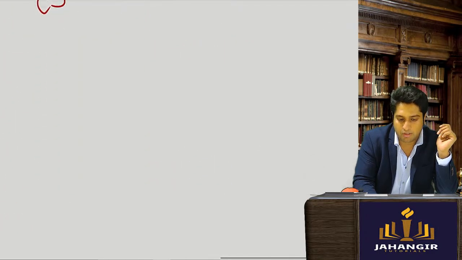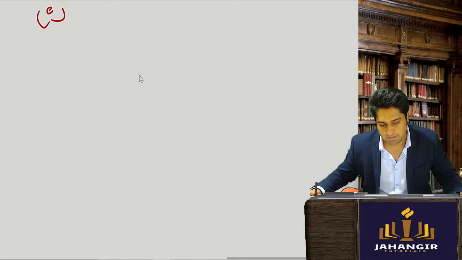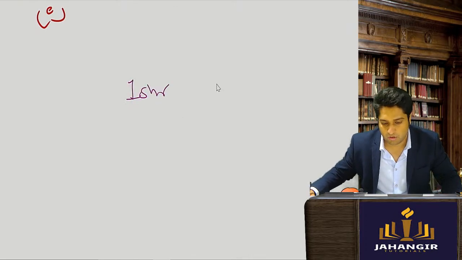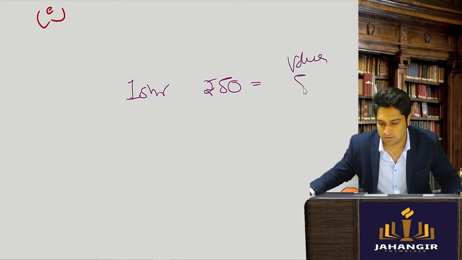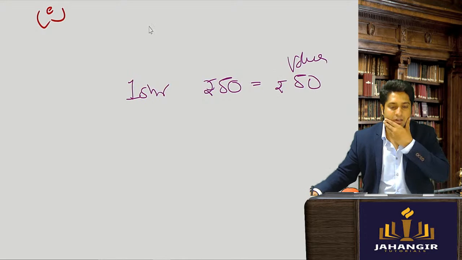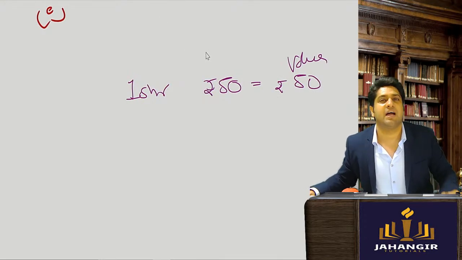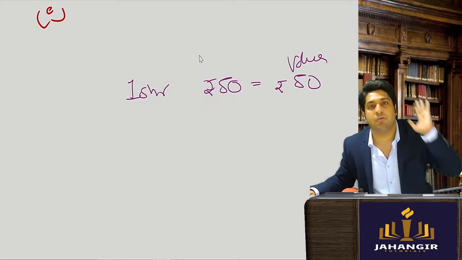So what is consolidation and subdivision? One share of rupees 50, value is how much? 50 rupees. Now company realizes, like companies like MRF etc. have one share of 50,000 above.